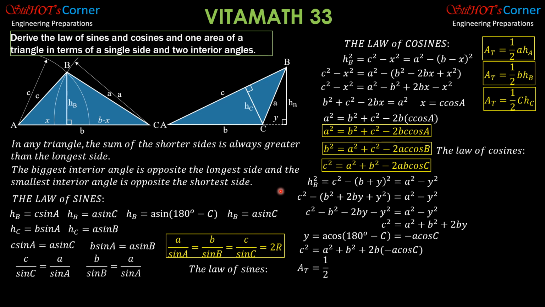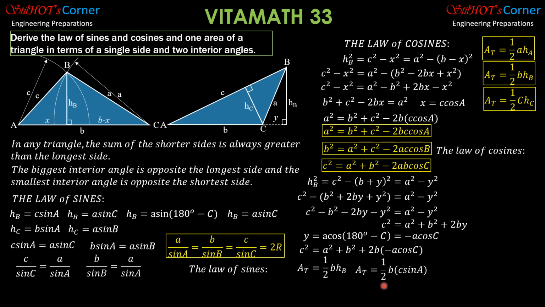So area in particular is 1/2 B times HB, where HB is equal to C sine angle A. So 1/2 of B times C sine angle A. Remember that the area of the triangle also is 1/2 the product of adjacent sides B and C sine angle A. So it is also 1/2 AB sine angle C, 1/2 AC sine angle B, just to review.